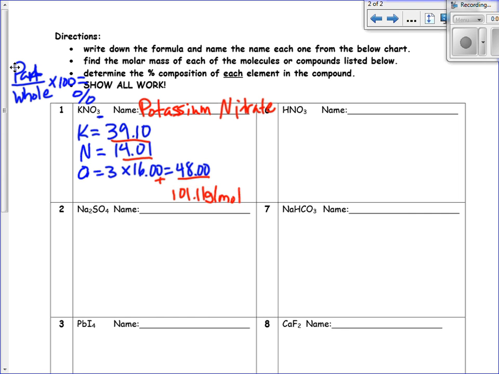Now all I have to do is take the part, like potassium's mass, divide it by the whole, which would be the entire compound's mass, times 100.